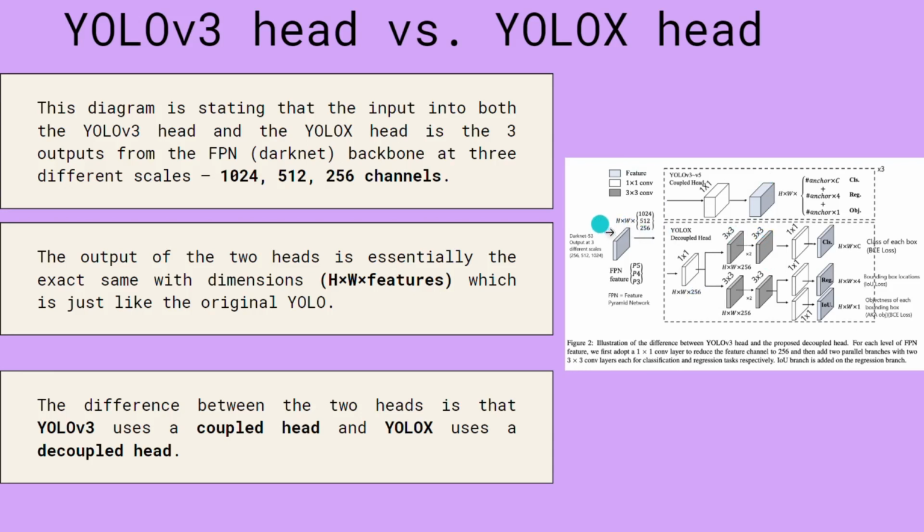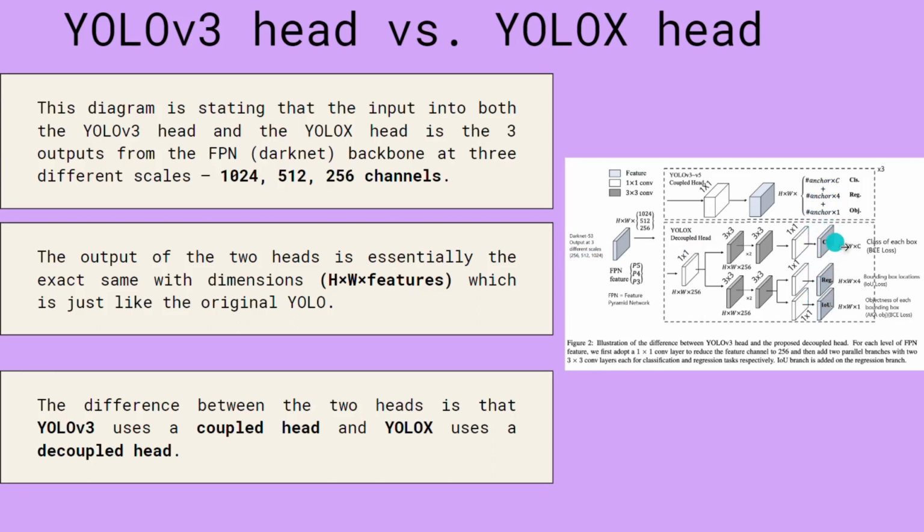And as we have seen from the previous slide, we have outputs from three different scales, which have feature map representations of 256, 512, and 1024 channels. And each of them has a feature map representation, which is shown here. And we're going to actually multiply this by 3, since we have outputs from three different scales, and we're going to split them into 3.